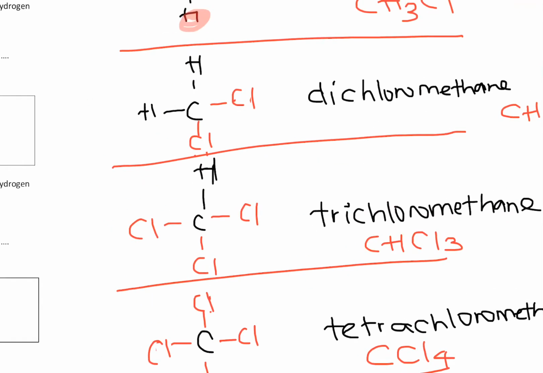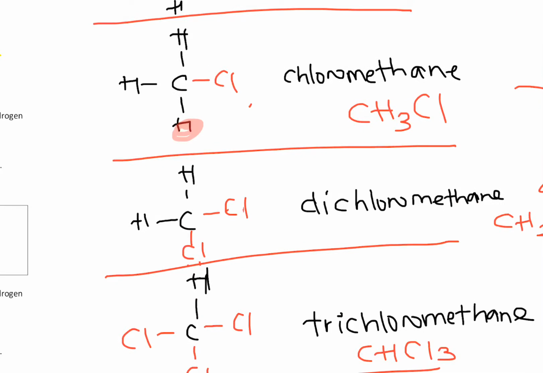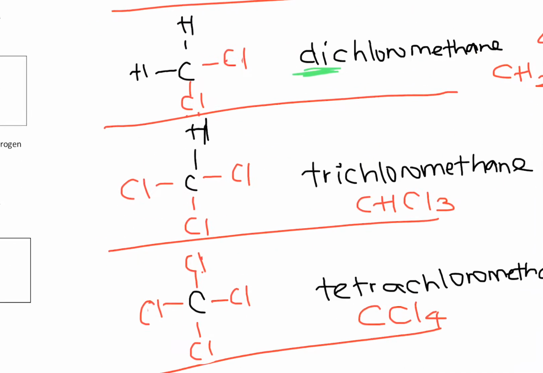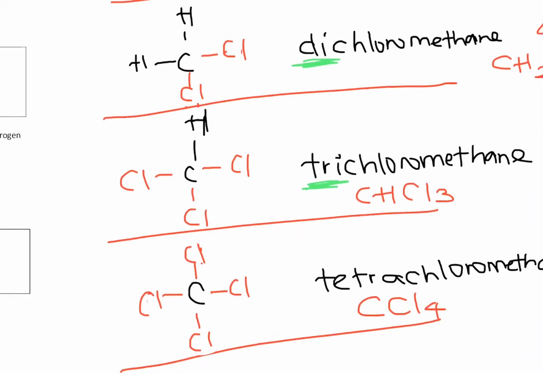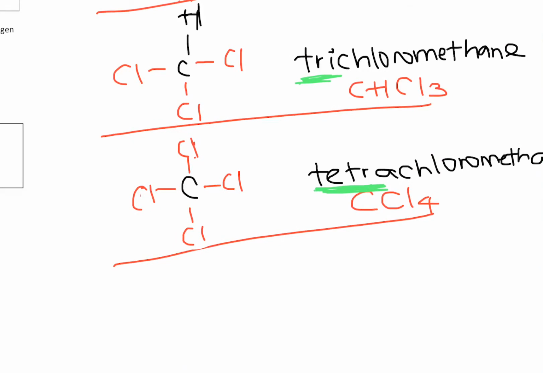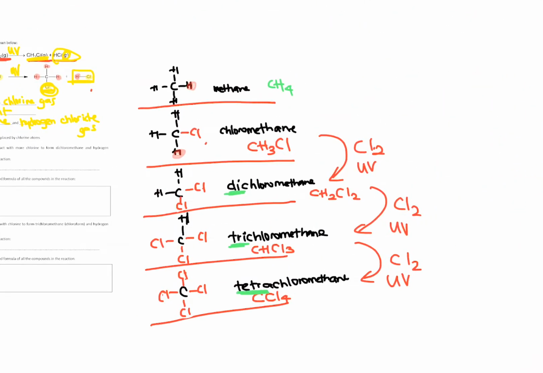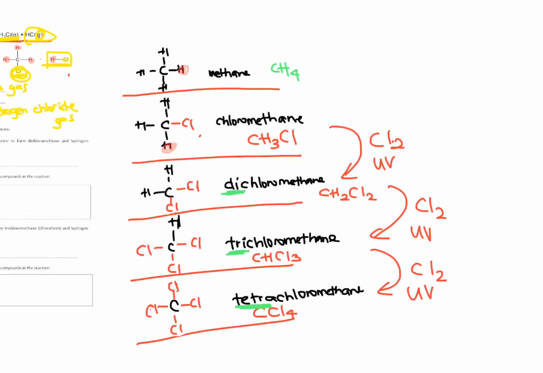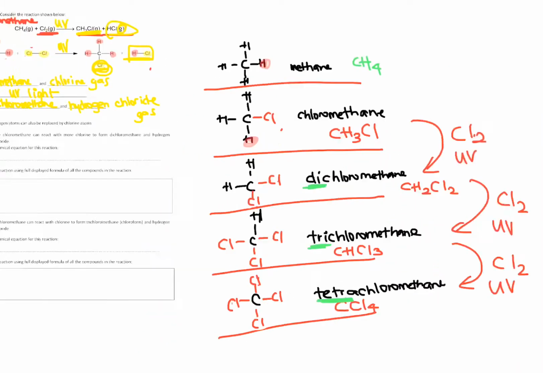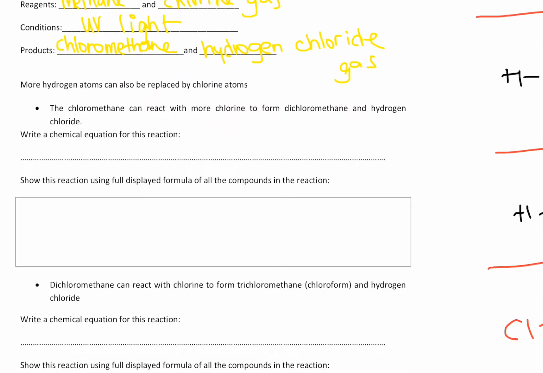Now, just note, chloromethane, dichloromethane, di means 2, trichloromethane, tri means 3, tetrachloromethane, tetra means 4. So you can see the substitution taking place here. Okay, so that's what's going to happen.